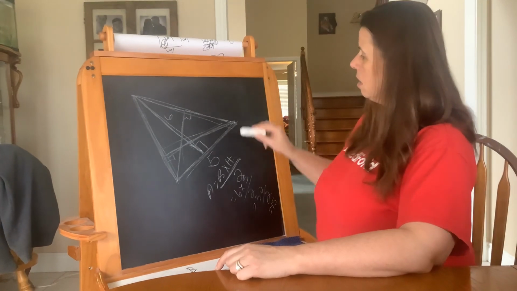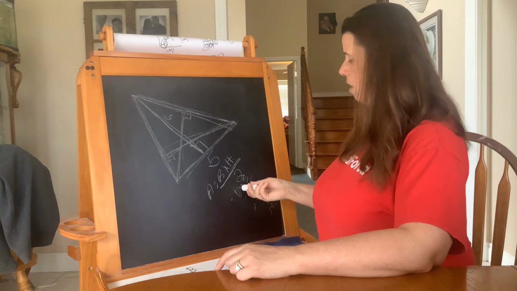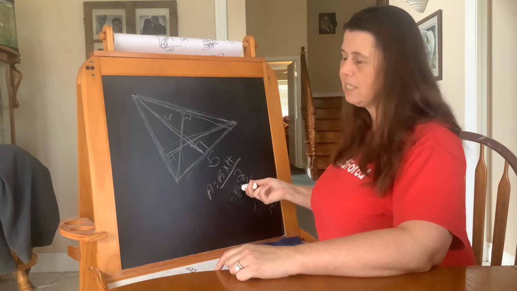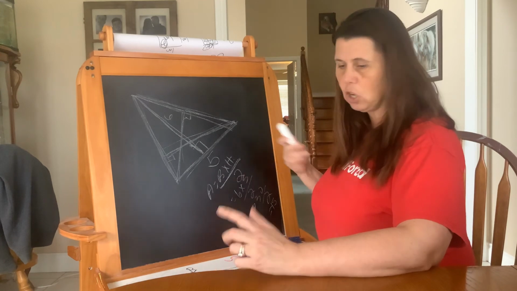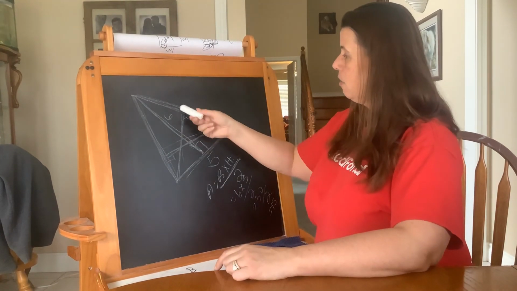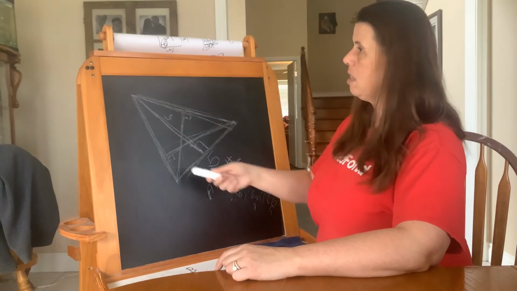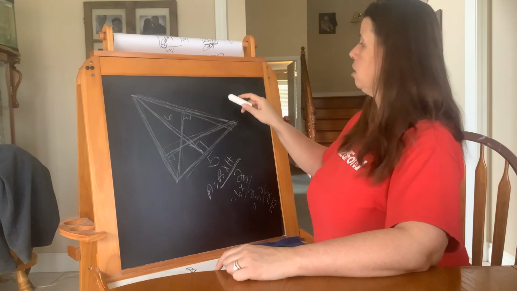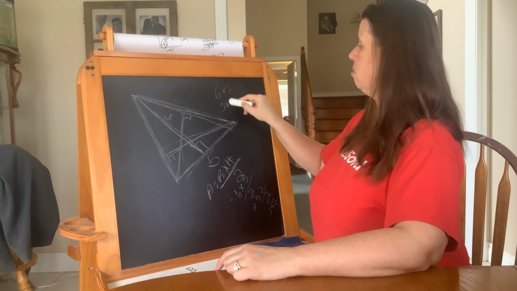Now, if this is 6 and this is 5, the numbers are exactly the same. It doesn't matter what order you put them in. 5 times 6, 6 times 5. It's all the same. So if your numbers both multiply to 30, like maybe it was a crazy triangle and one of them had 6 times 5 and one of them had 3 times 10.